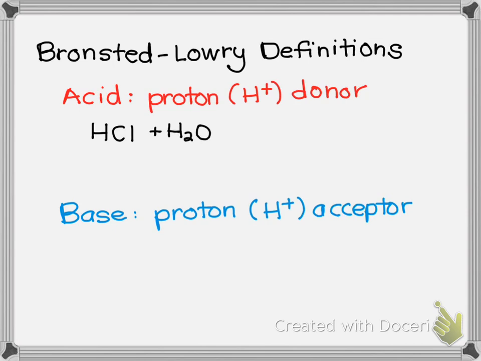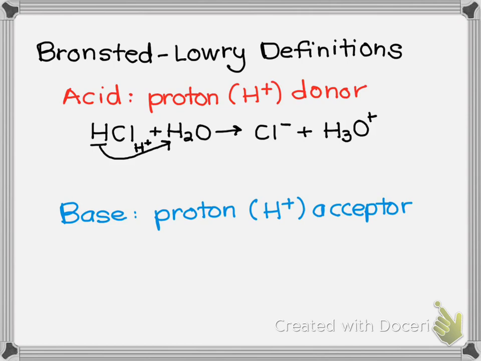It has this hydrogen, or H plus is what we're really looking at, which is the proton, and it is donated or given to the water. So hydrochloric acid is still considered an acid because it gives its proton to the water.